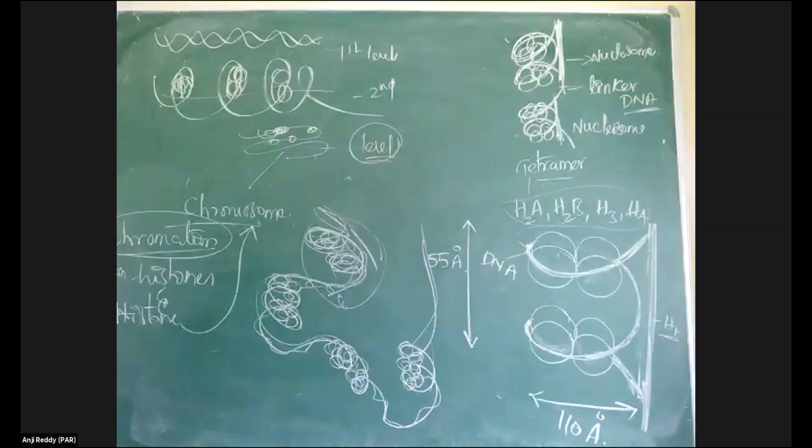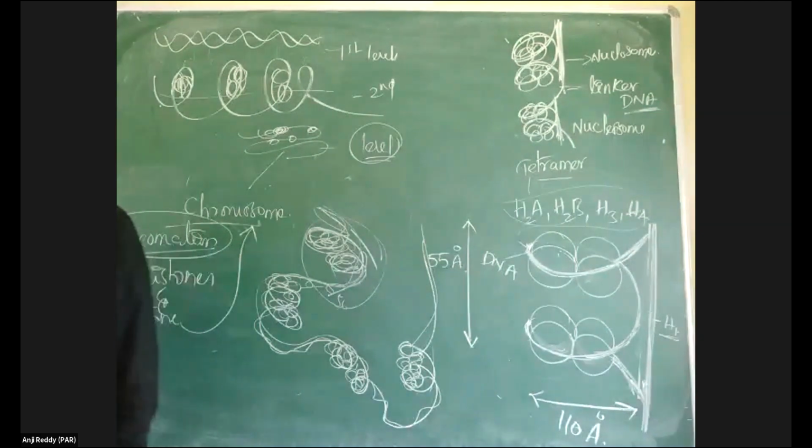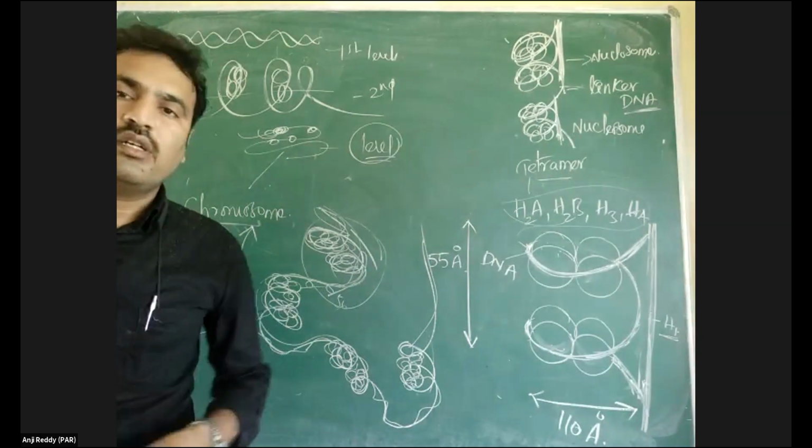Chromatin, comma, a thread-like stained bodies. Stained means colored. Stained bodies in nucleus.